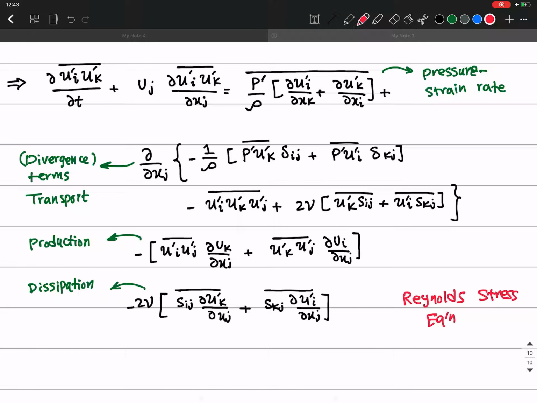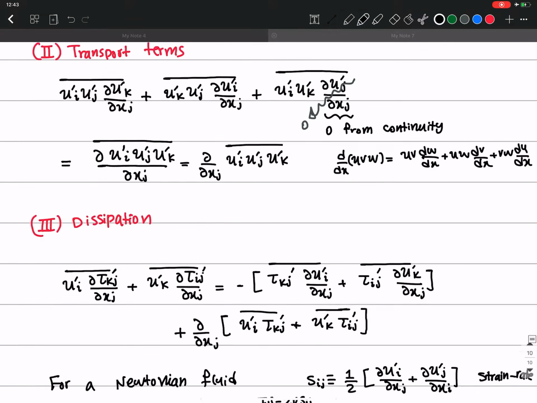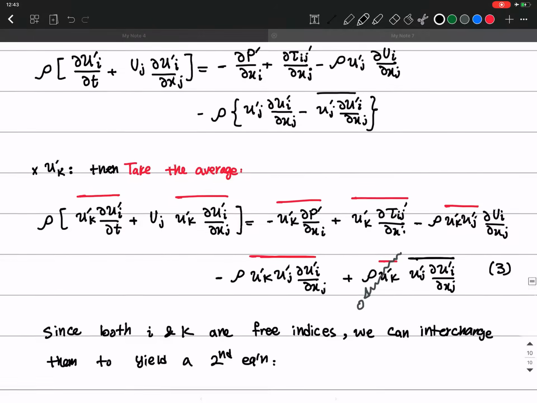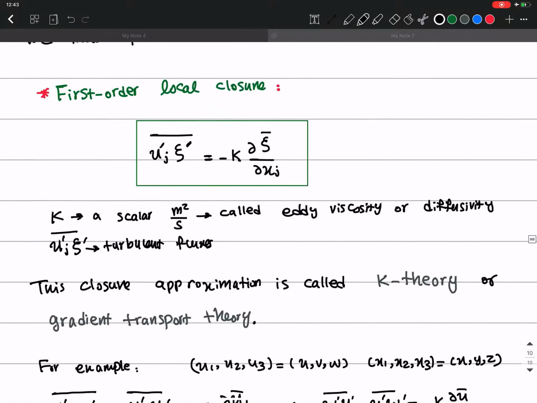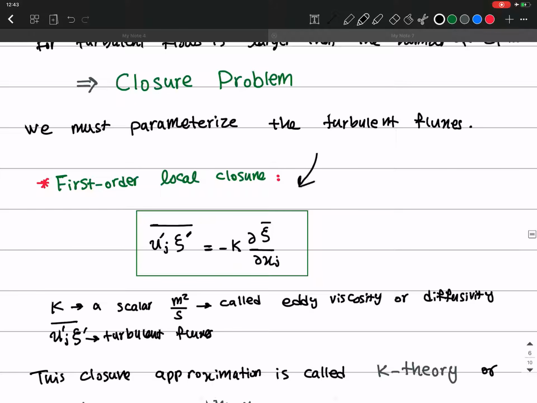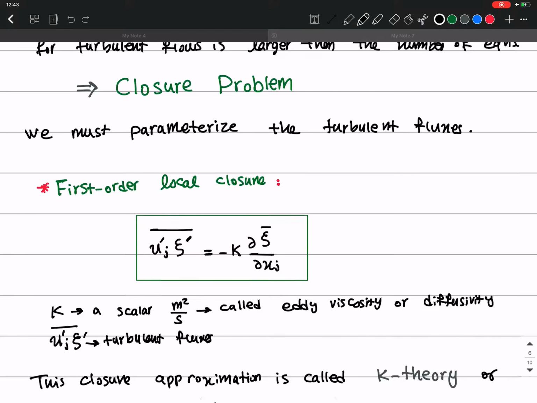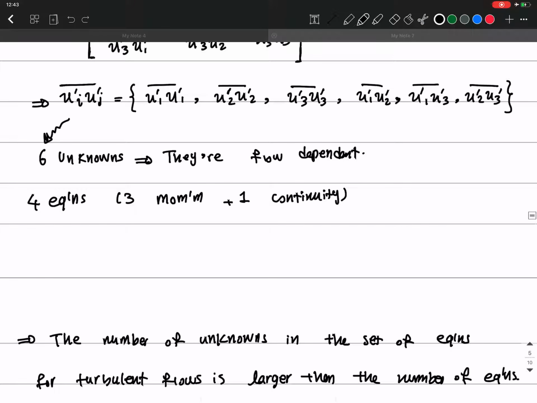In the next lecture, I'm going to investigate this further, and I'm going to show that from this equation, we can get the turbulent kinetic energy budget equation. But now I just want to make one remark here. Why did we try to derive this equation? We tried to derive this equation because we had this closure problem. We have 6 unknowns, which are more than the number of equations we have.